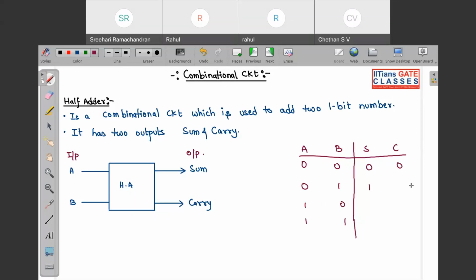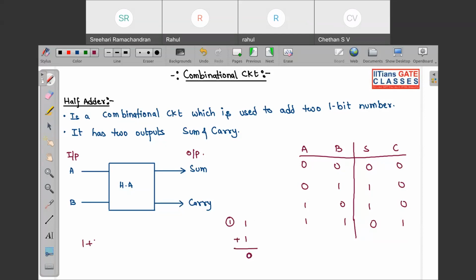For 0, 1, sum will be 1, carry will be 0. For 1, 0, sum will be 1, carry will be 0. When A and B both of them are 1, sum will be 0, carry will be 1. So basically here we are adding two 1-bit binary numbers. So if we add 1 and 1, sum will be 0, carry will be 1.